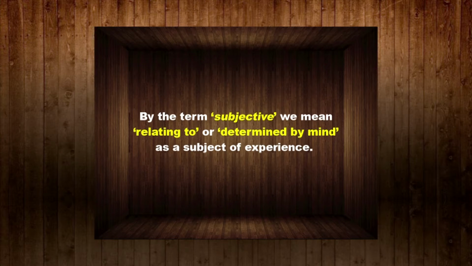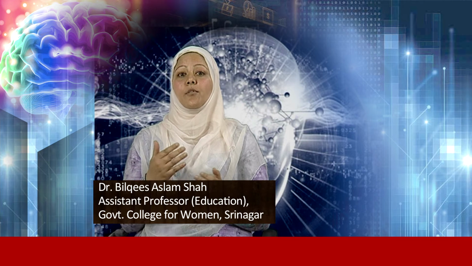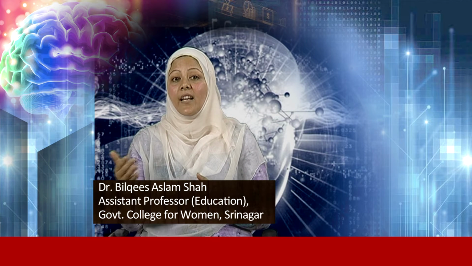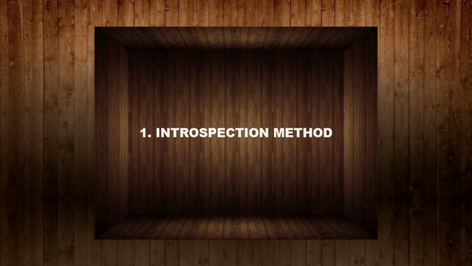By the term subjective, we mean relating to or determined by mind as a subject of experience, an individual's personal judgment about whether a specific outcome is likely to occur or not. Subjective probabilities contain no formal calculations and only reflect the subject's opinion and past experiences, which make the subjective result unreliable. Some of the subjective techniques are: number one, introspection method.